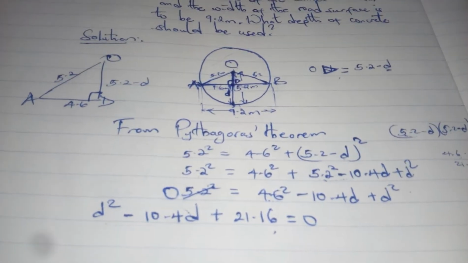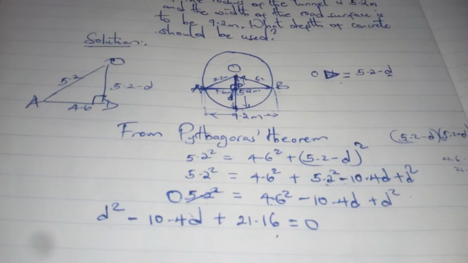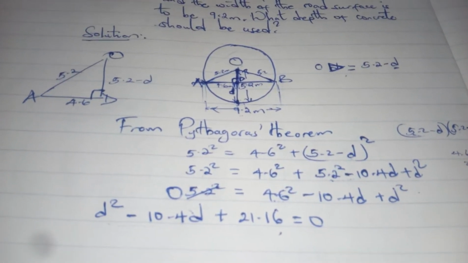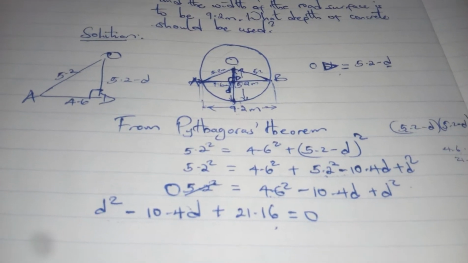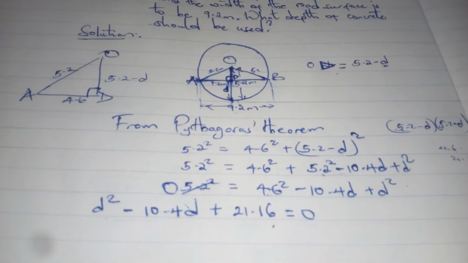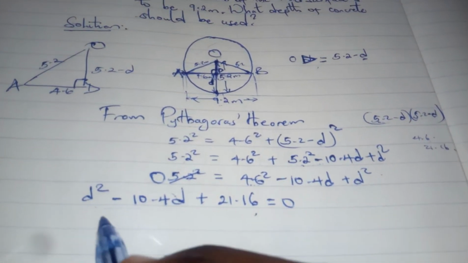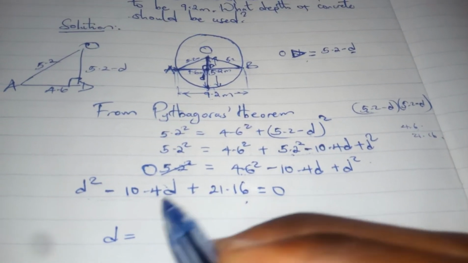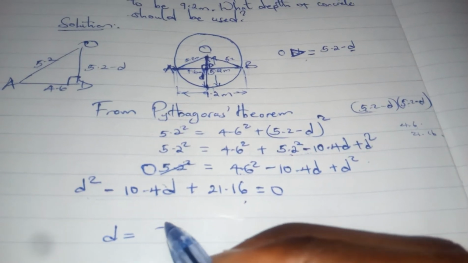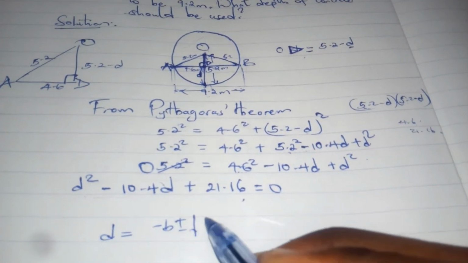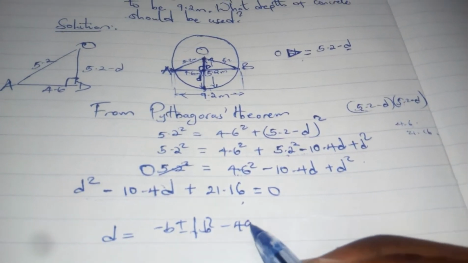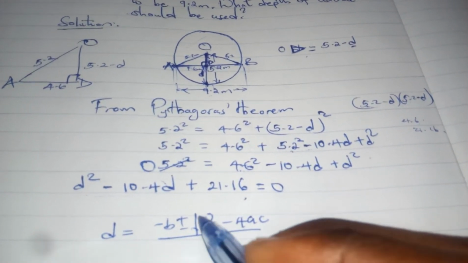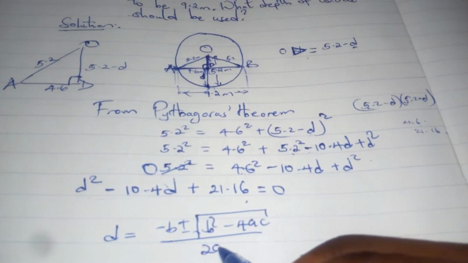quadratic equation there. And remember that previously we applied Pythagoras theorem to help us reach there. So at this point again, we're going to apply the quadratic formula. This is where the application of the quadratic formula will come in. We get the unknown from the quadratic formula, which says that minus b plus or minus root of b squared minus 4ac, all that under the root, out of 2a.